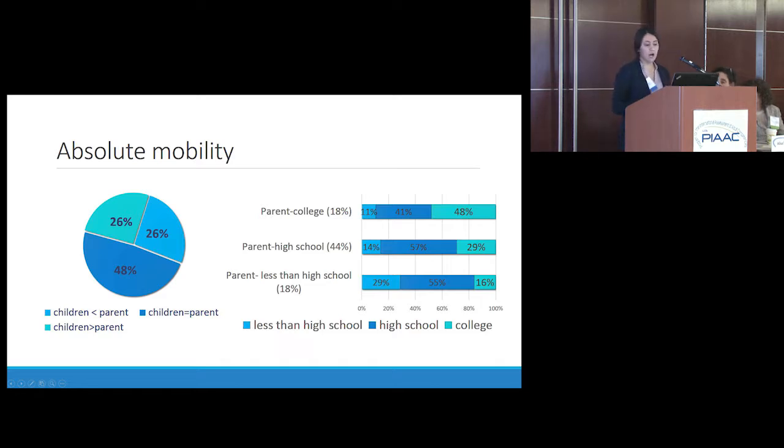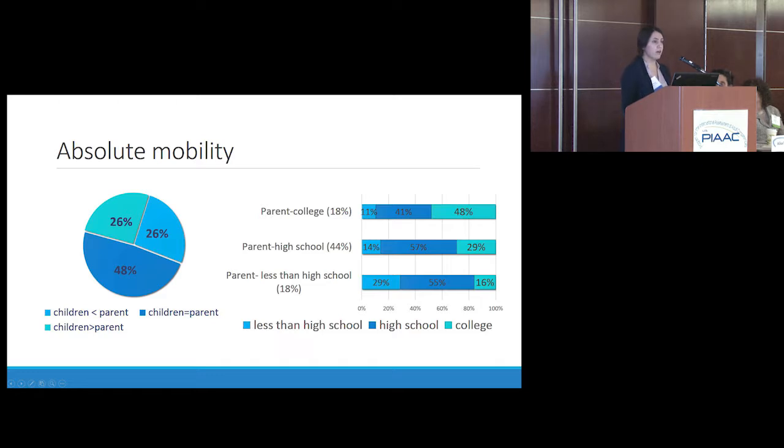But we see actually high upward mobility for the last category, among individuals with parents with less than high school education. You see that only 29% of individuals tend to attain similar education as their parents, but about 71% attain higher education.